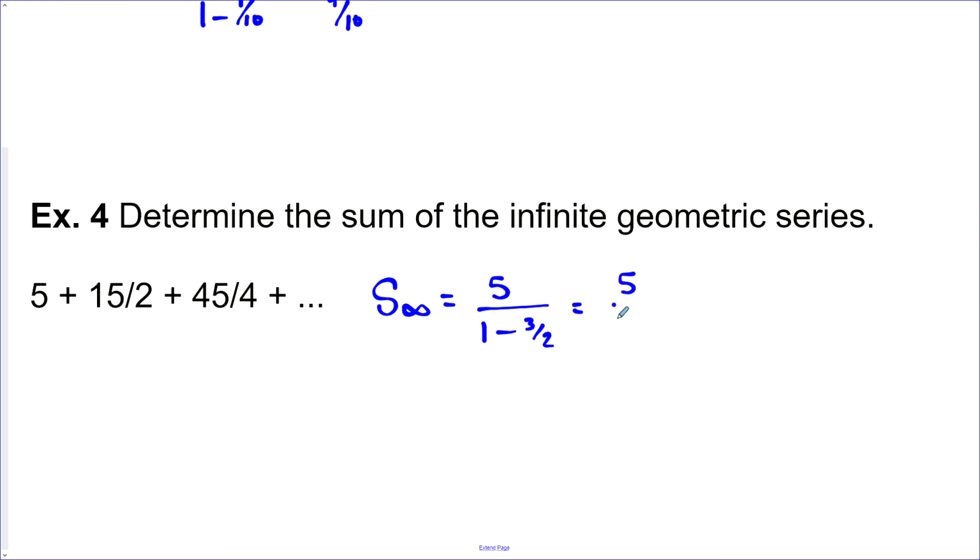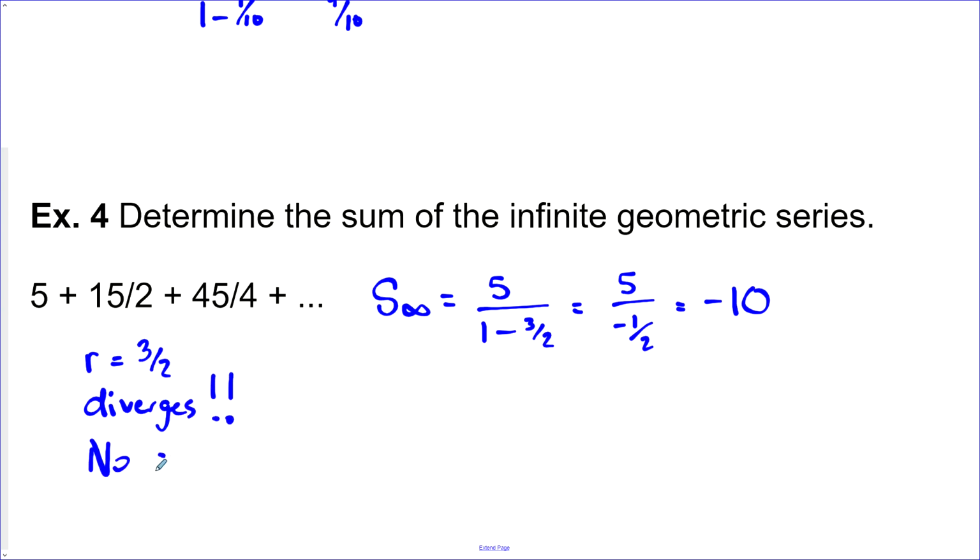It's 5 over negative 1/2, and this equals negative 10. Now hopefully some of you are wondering what I'm doing, because this has a ratio of 3 over 2. So this one diverges. And so no sum.